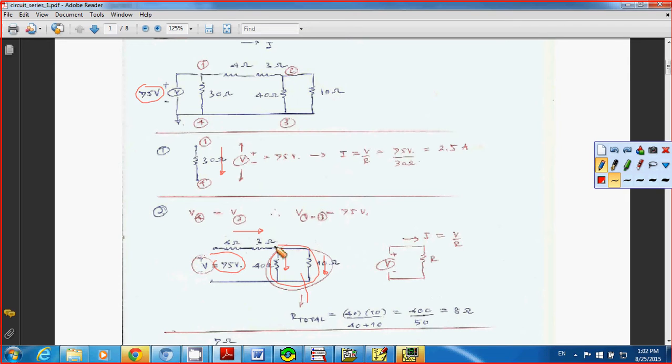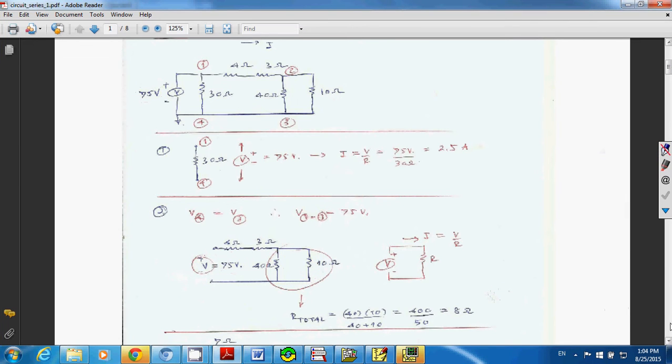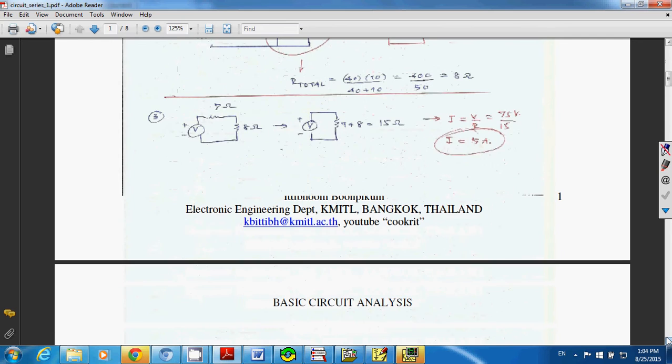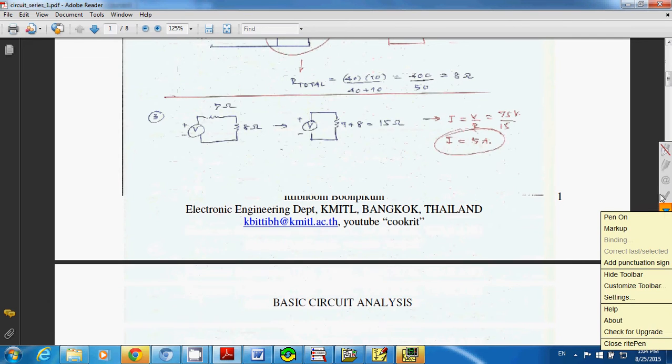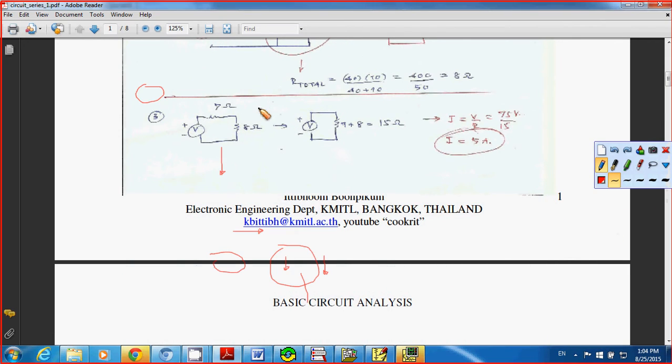And then you add that up with the 7 ohms, because they are in series, you're going to end up with 7 plus 8. That gives you 15 ohms. And now you can find the current flowing through the 7 ohms, or the 4 ohm and 3 ohm resistors.